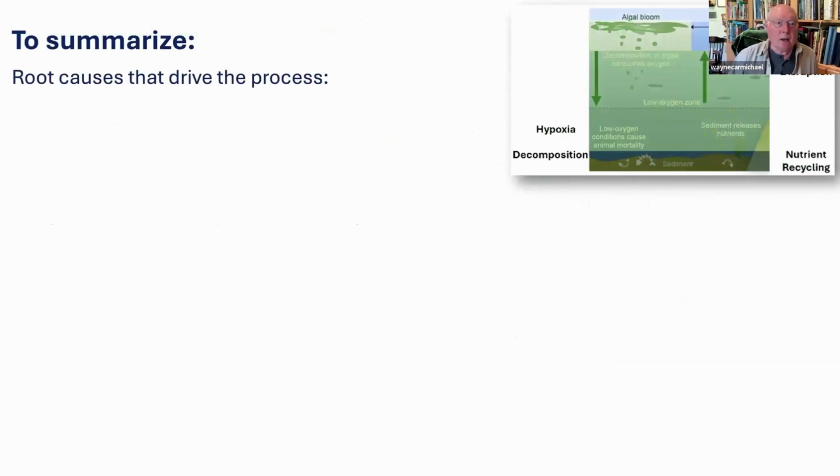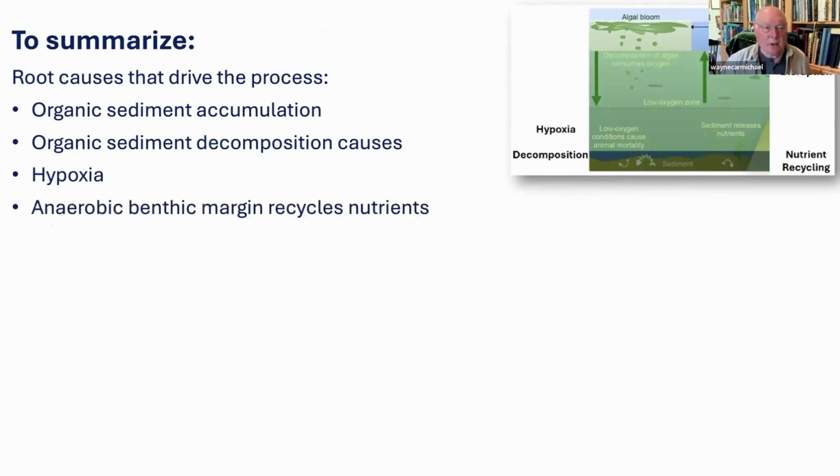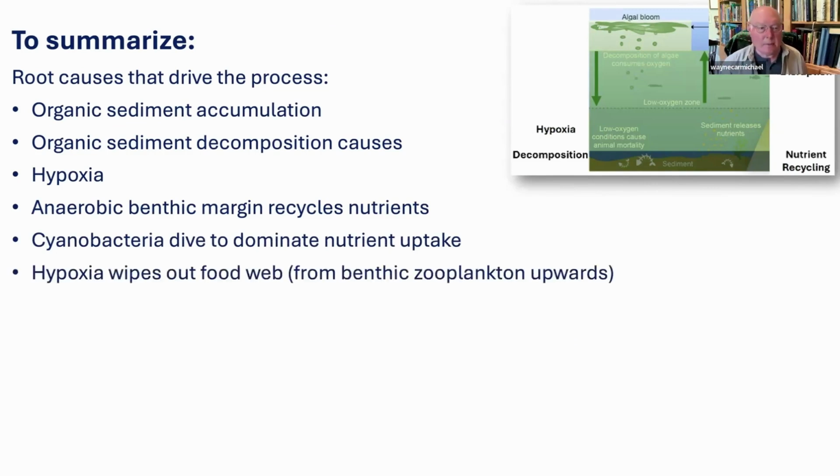Summarizing, the root causes that drive this process are organic sediment accumulation, which leads to decomposition, which leads to hypoxia, which leads to recycling of the nutrients instead of nutrient removal, especially those anaerobic benthic margins. And the cyanobacteria can take advantage of that by diving and dominating nutrient uptake.